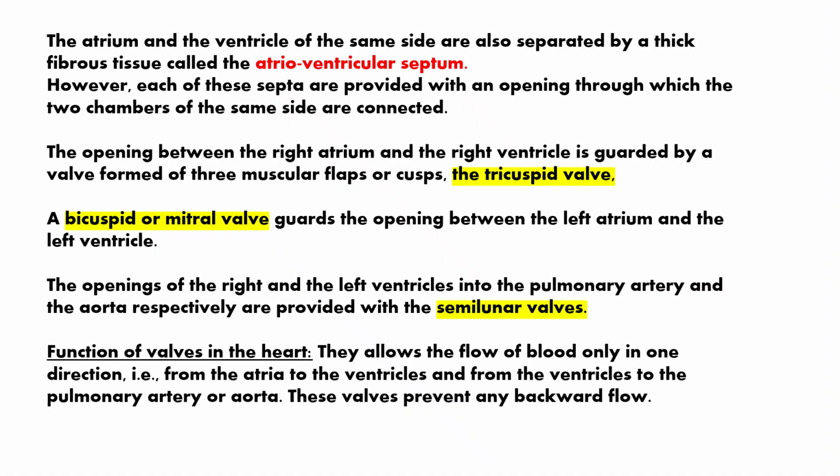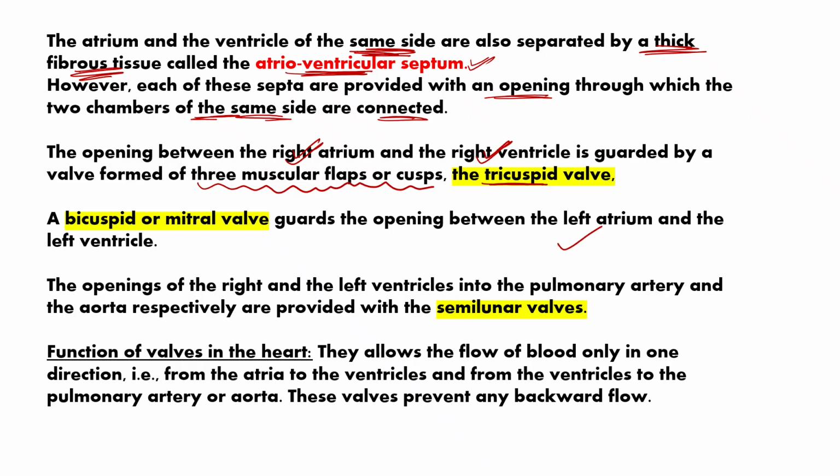Now see the theory. We already know the atria and ventricle of the same side are separated by a thick fibrous tissue known as atrioventricular septa. Clear? Each septum is provided with an opening through which the two chambers of the same side are connected. Between the right atria and right ventricle is a tricuspid valve made up of three muscular flaps or cusps.